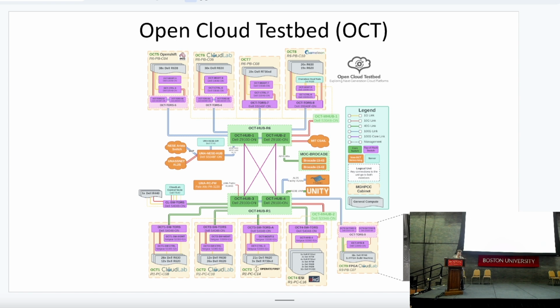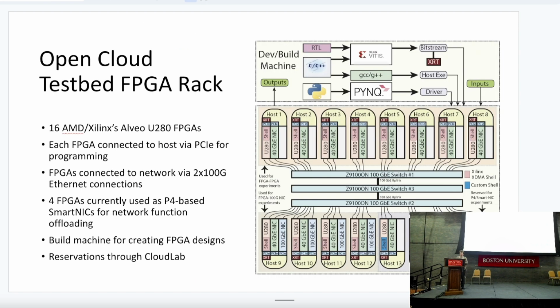And we have 16 Xilinx Alveo U280 FPGAs, and they're each allocated in a host. But what's unique about the setup that we have is they're also directly connected through 200 gig Ethernet connections to the switch. So I can directly send traffic to and from an FPGA onto the network through the switch.